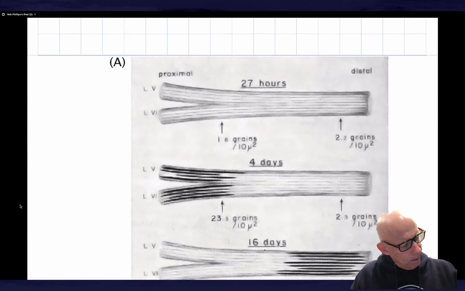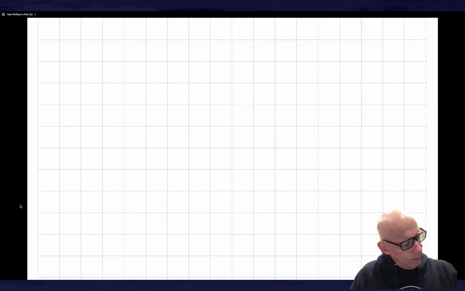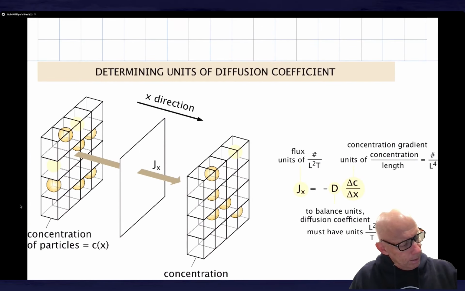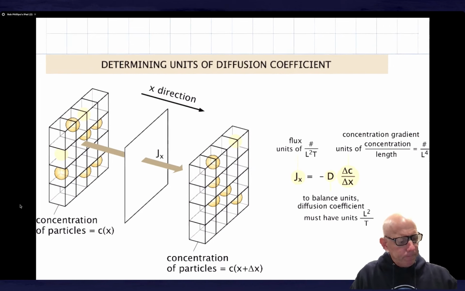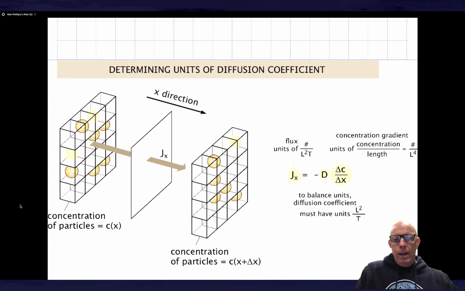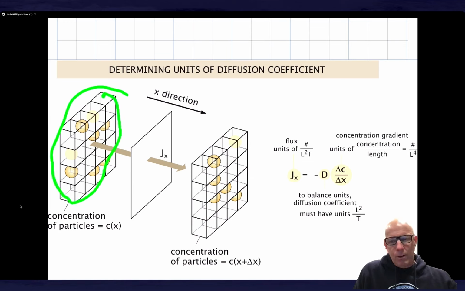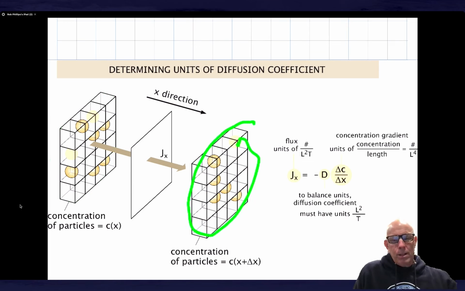And probably the nicest way for us to think about this is by appealing to this picture. So as I say, on the left you can see here that there's a plane and there's some molecules on that plane, and they have a concentration C of X. And then on this other plane at position X plus delta X, there's a different concentration.